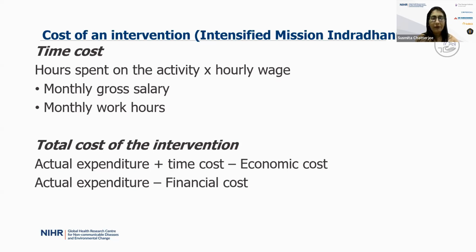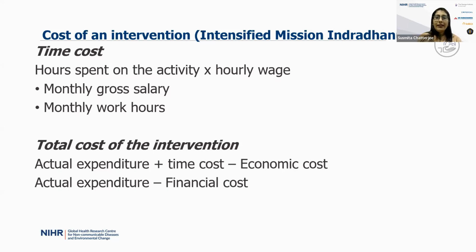So 1.5 hours, sorry. So you have my monthly salary. 40 hours is my total weekly hours, and for that I am paid this amount. You can easily get my hourly wage, right? That's how you have to calculate the time cost for every person.